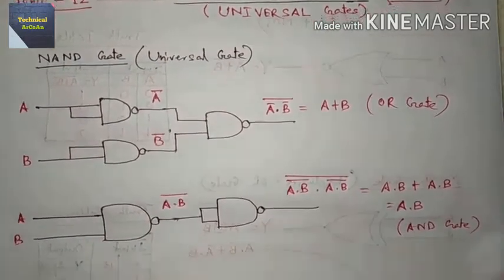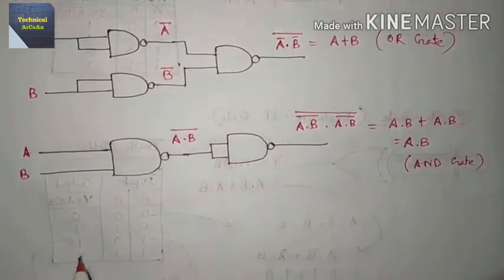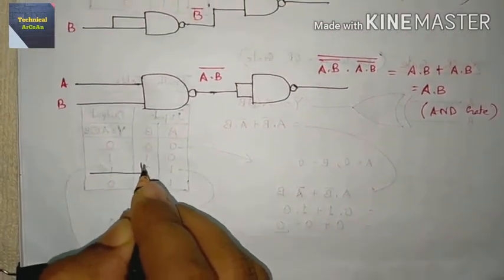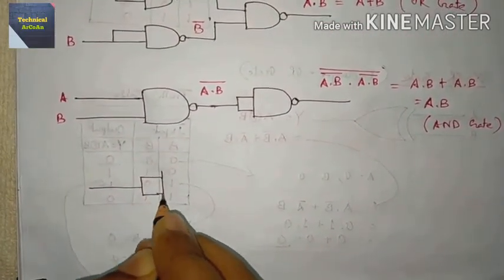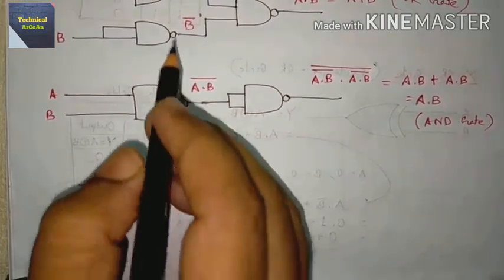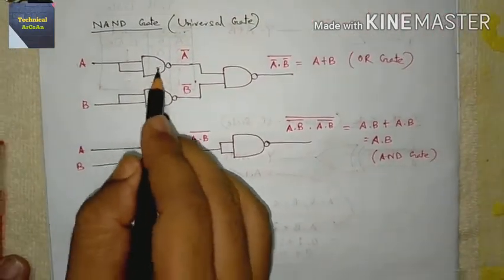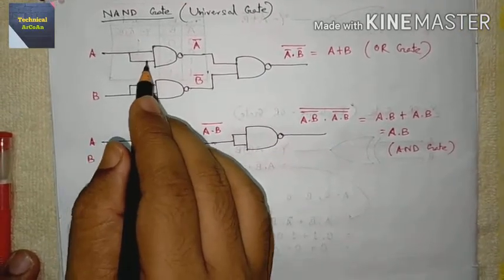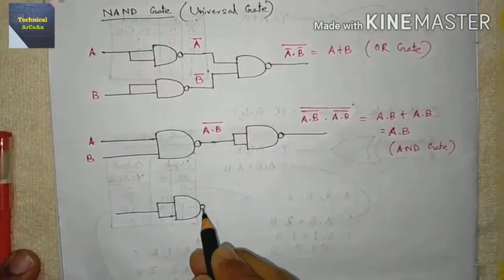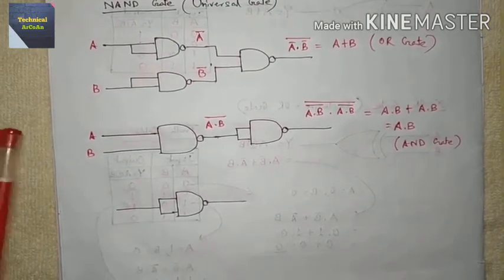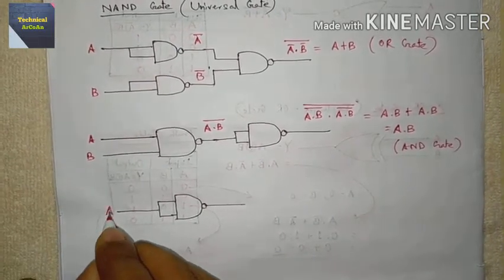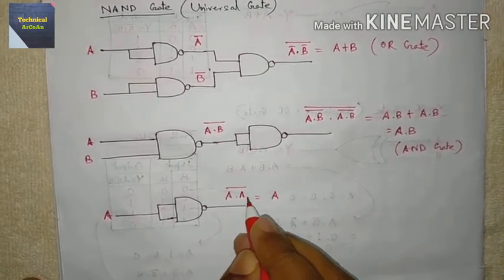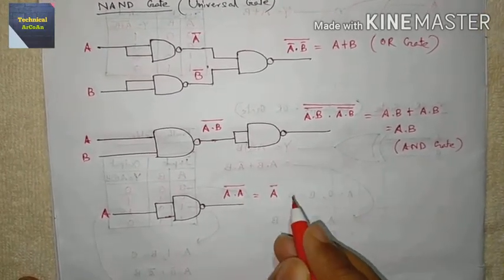Clear? Now go for the NOT gate. For the NOT gate, we already discussed it, still I am defining that. Where did I discuss it? In the OR gate. When we were defining the OR gate using NAND, this is actually the NOT gate. So if the input is A and it is shorted, meaning both inputs are A, what do we get? A dot A means A, and the complement remains there.